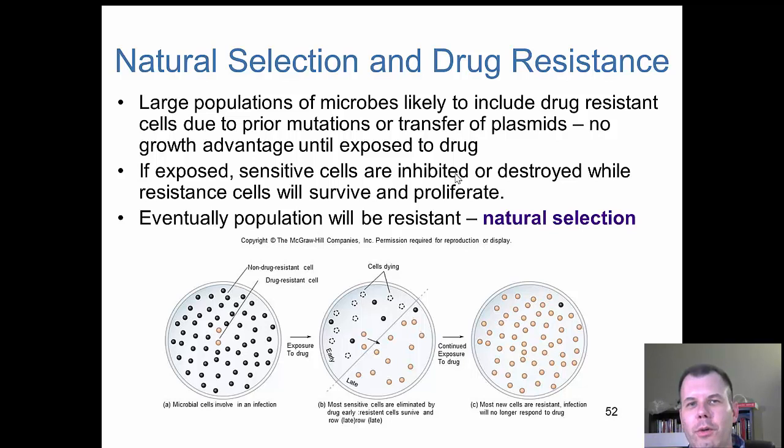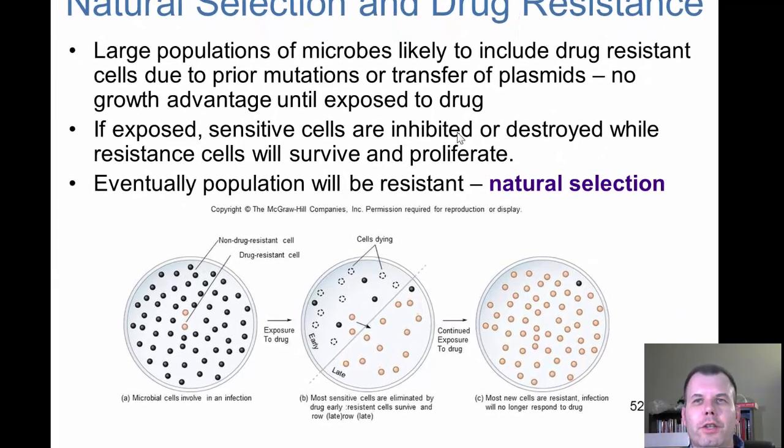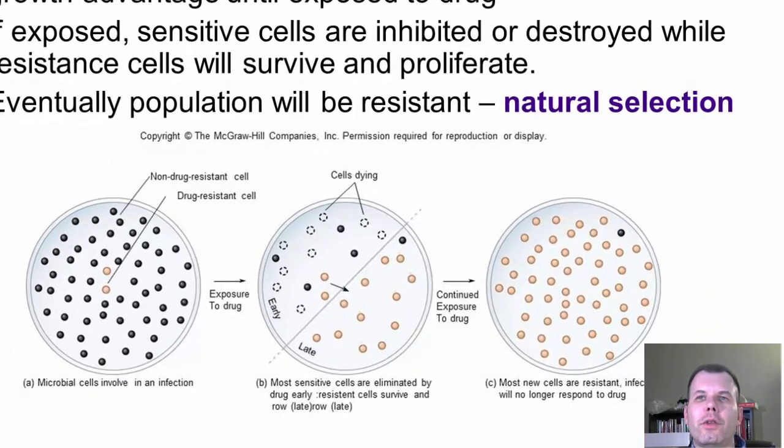That leaves the ones that are resistant, and those might not be the ones we want in there. So we get these outgrowths, and this describes natural selection. If you take antibiotics, you kill the good cells, you leave the ones that are resistant, and eventually they all become resistant. You get the genes that will support life.